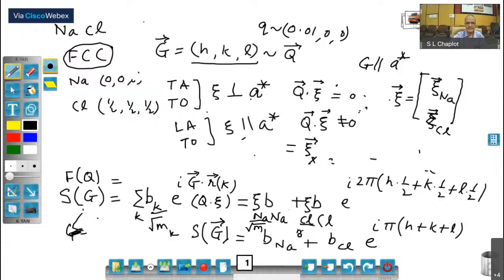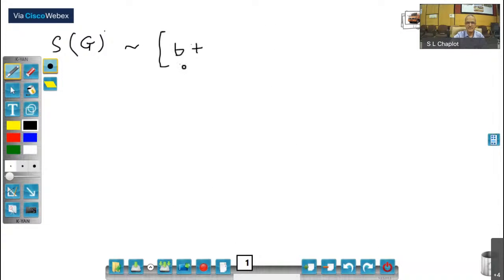So the structure factor for the diffraction, let me just rewrite it. This is like B sodium plus B chlorine, e to the power i 2 pi (H plus K plus L).